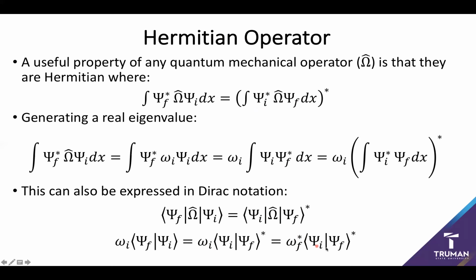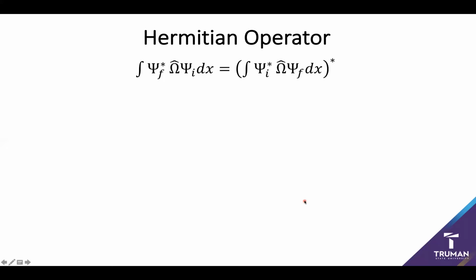So the eigenvalue for I times this cross product should be the same thing as the complex conjugate of the eigenvalue for f times this cross product. Now, this is going to have some interesting implications that we're going to try and dive into a little bit here.